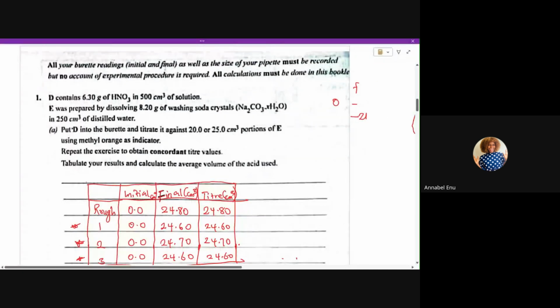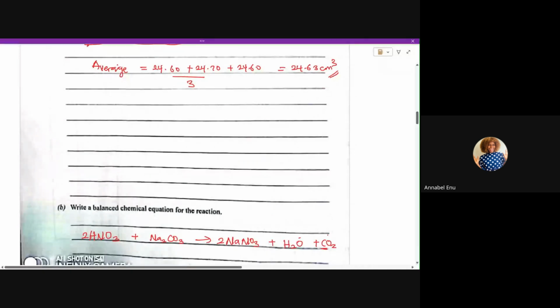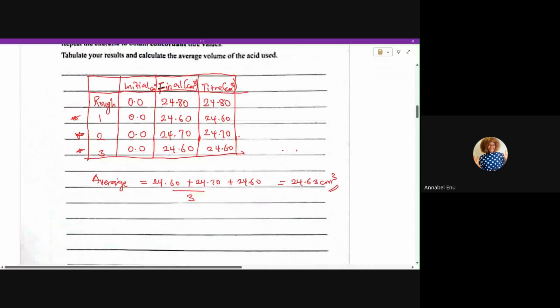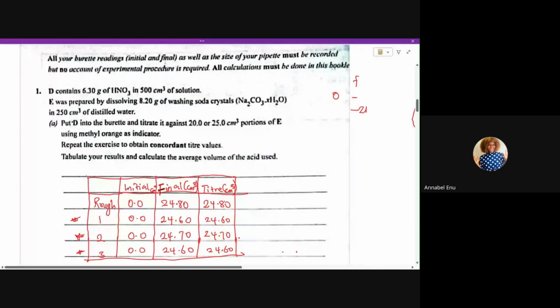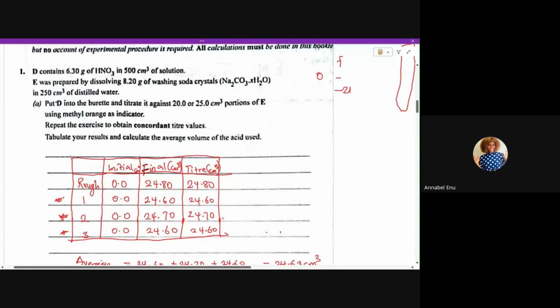But from our question here, we're not giving mass concentration. So the first thing that we can do to answer this question, we're not giving the value for mass concentration.